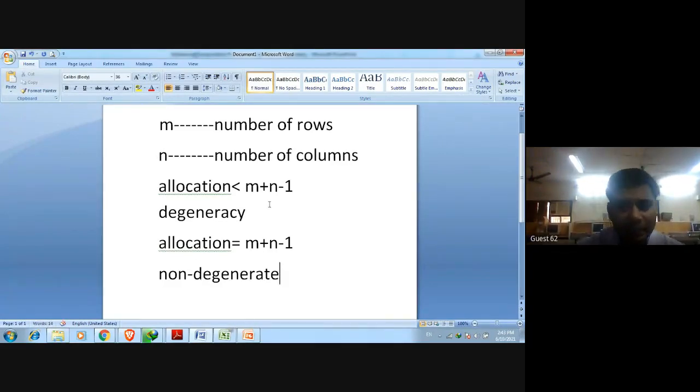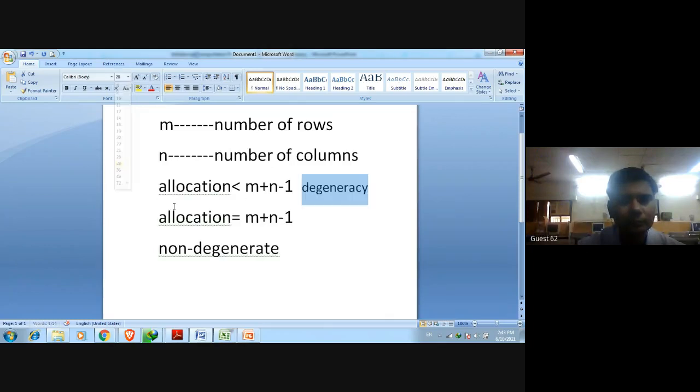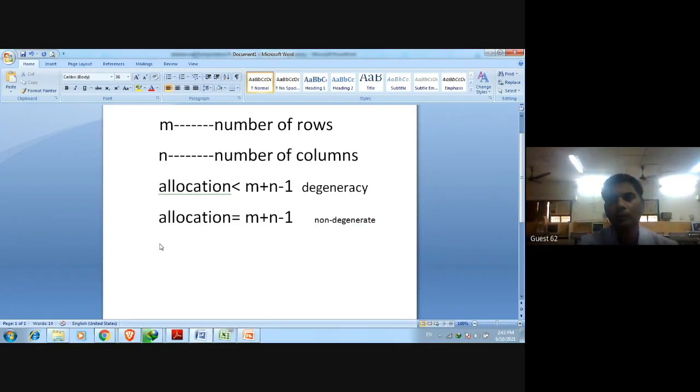This is the condition for non-degeneracy, and this is the condition for degeneracy.